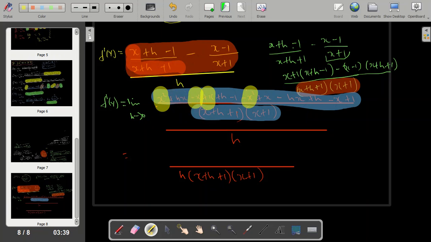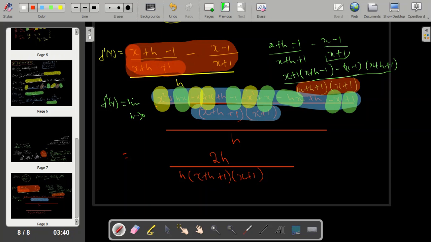We have this, it will cancel with that one. Then we have this negative 1, it will cancel with that positive 1. Then we have this x, it will cancel with that x. So on top we're going to remain with h plus h, which is just 2h.